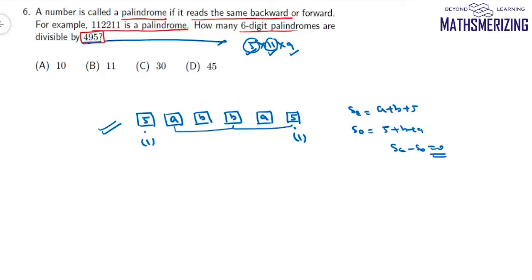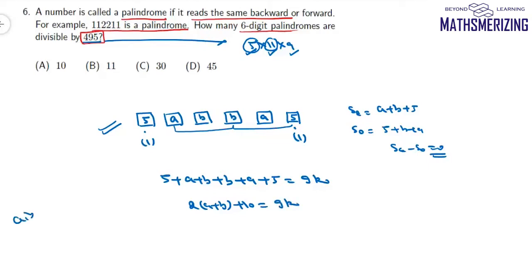Now we need to find out when this number is divisible by 9. A number is divisible by 9 if the sum of its digits is a multiple of 9. So that means 5 plus a plus b plus b plus a plus 5 should be some 9k. So I can write 2 times (a plus b) plus 10, and it should be some multiple of 9.